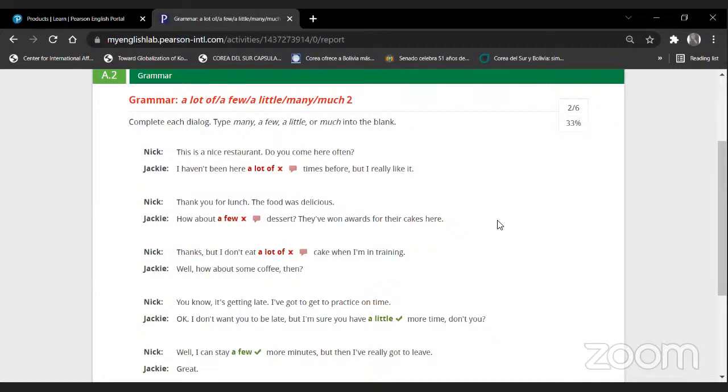Okay. Yes. In the second one, I have a doubt here because I don't know. For me, "a little dessert" sounds better, but I think dessert is countable.